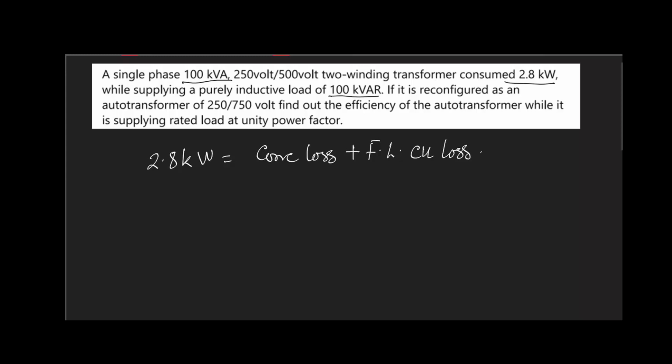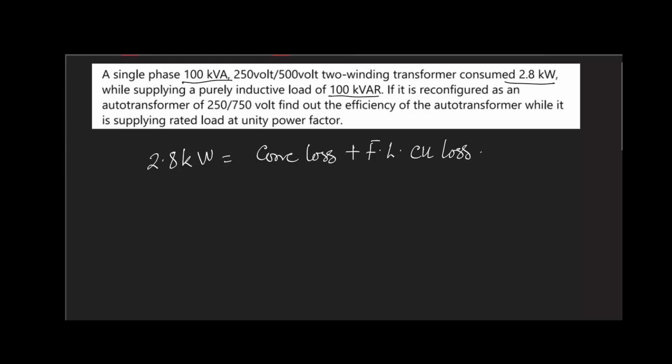The only thing that will change is the transformer kVA. And what would be that change? I have already discussed the solution of this kind of problem, and you can figure it out. The new transformer kVA rating would become how much? Like 100 to 50.